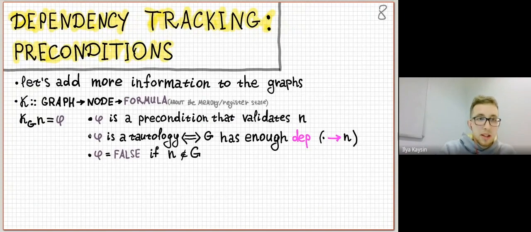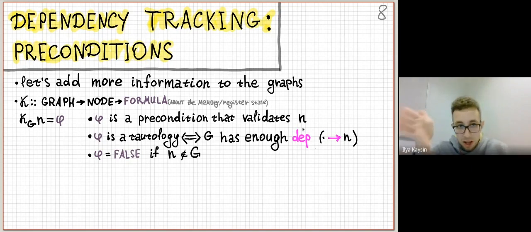So specifically, let's add a function kappa. And what it does, it equips every node in the graph with a formula about the state of the memory and registers. And this formula is called precondition. What it means is that this formula should hold in the beginning of the execution to validate the node.